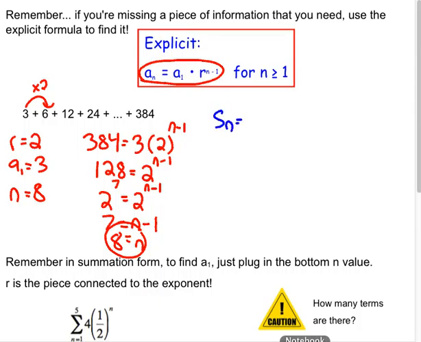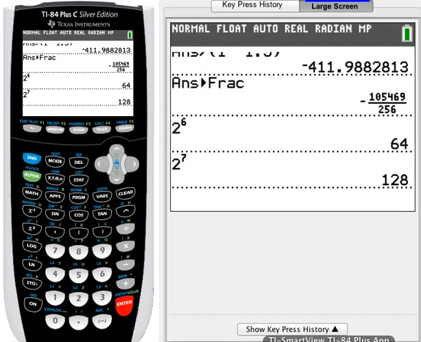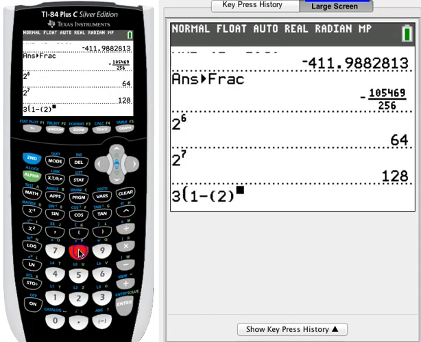So the first term, 1 minus the rate, which is 2 to the 8th power, over 1 minus the rate. All right, so let's plug this into the calculator and see what we get. 3 times 1 minus that rate of 2 to the nth power, which was 8.